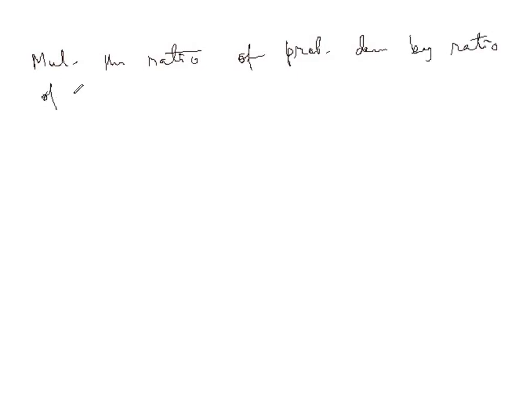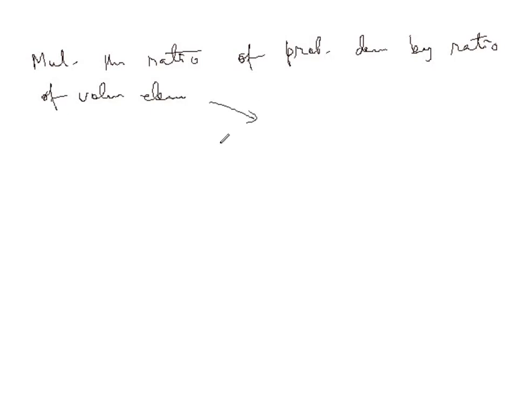Let us multiply the ratio of probability densities by the ratio of volume elements, right?